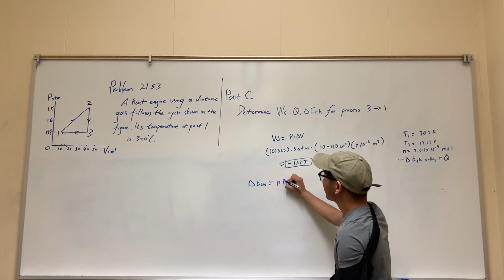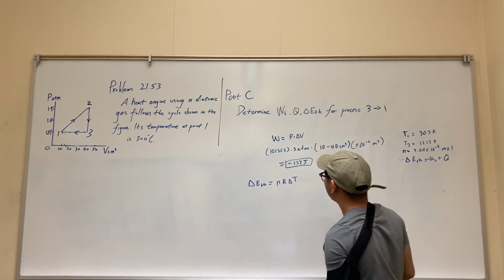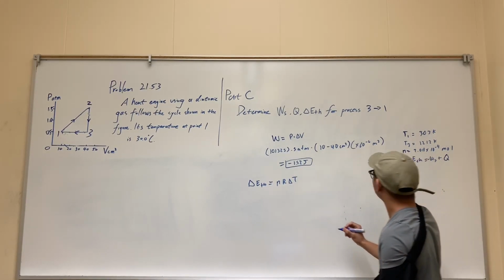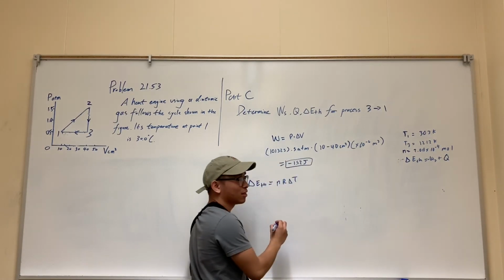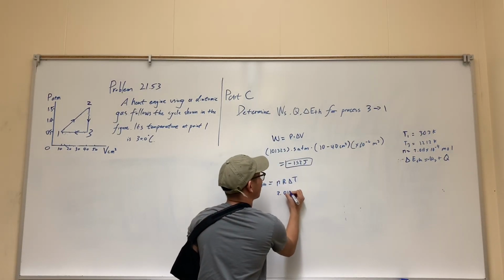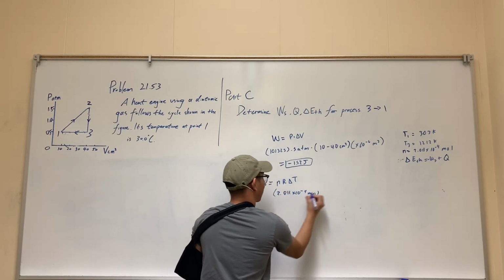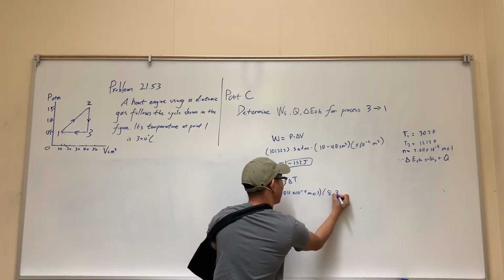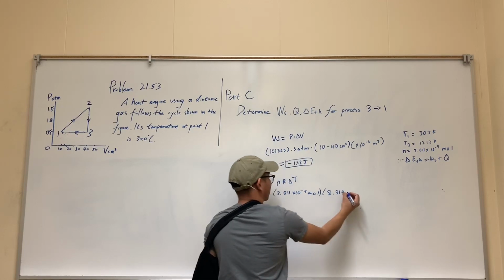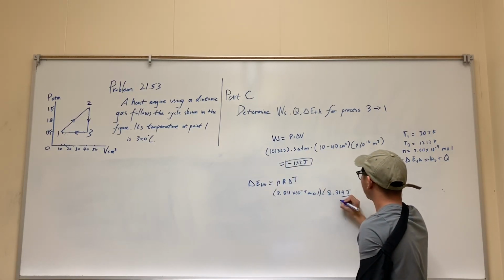And our delta T, and what we remember is our moles is just 2.011 times 10 to the negative 4 moles, 8.314 joules per Kelvin.